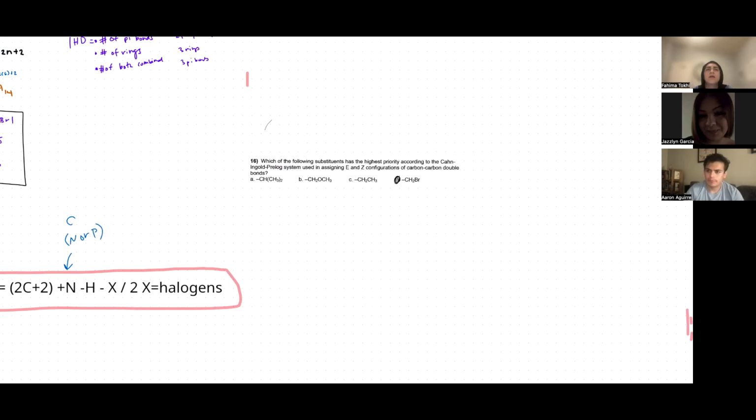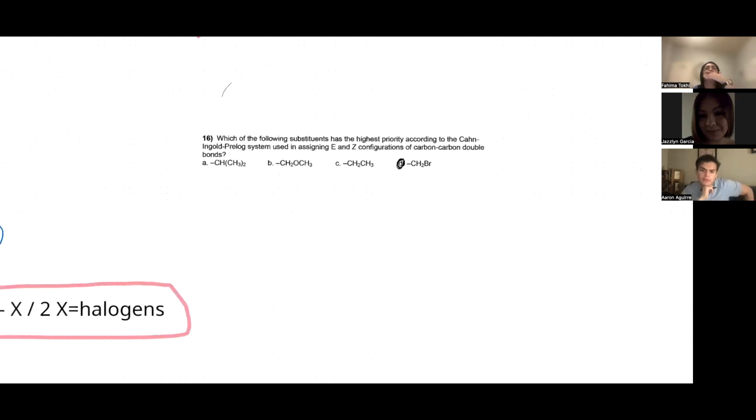Which of the following substituents has the highest priority according to the Cahn-Ingold-Prelog system, using the E and Z configurations of carbon? What is that even asking? Remember how E and Z are like cis and trans? Which group would have the highest priority, based off the double bond?